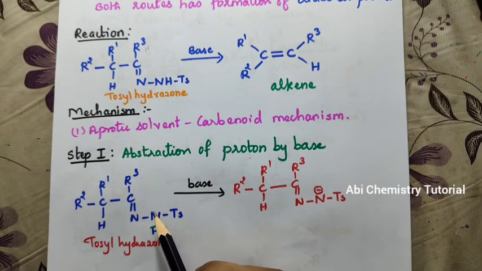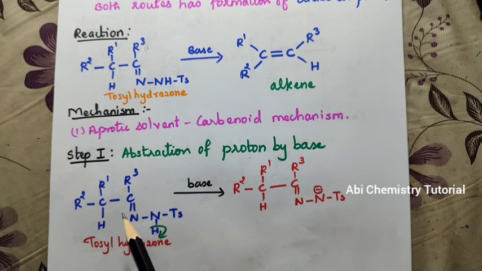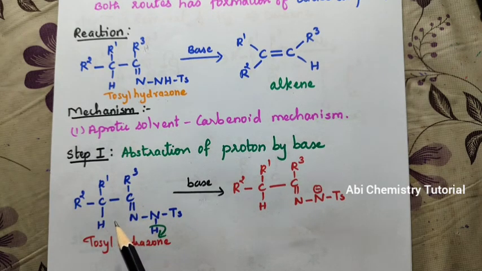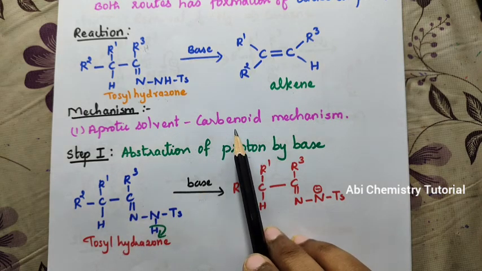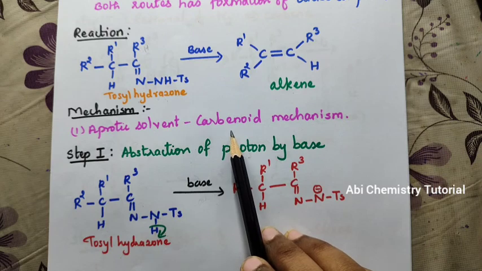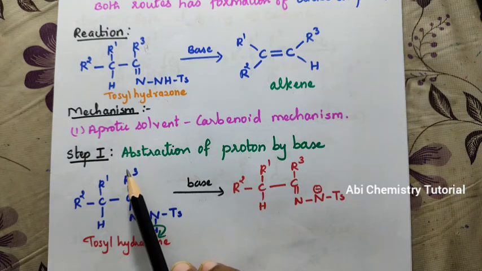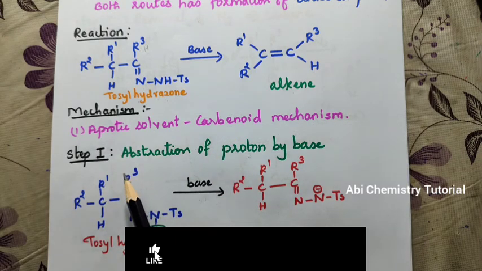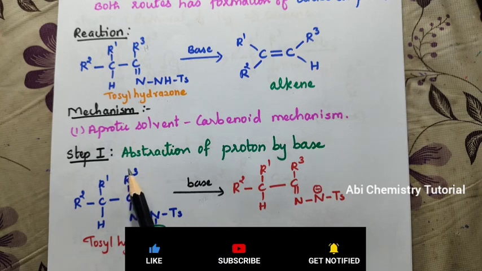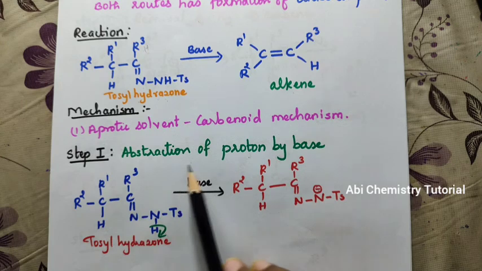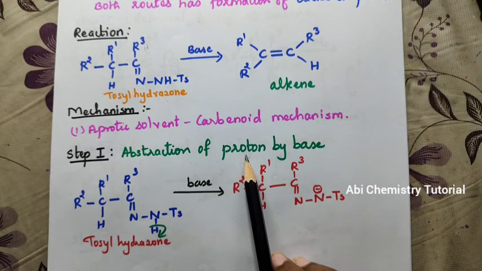Now we will learn the mechanism. First we will go through the aprotic solvent. If an aprotic solvent is used, we see the carbenoid mechanism, where a carbene is produced as the intermediate. It involves 5 steps. The first step is the abstraction of a proton by a base.